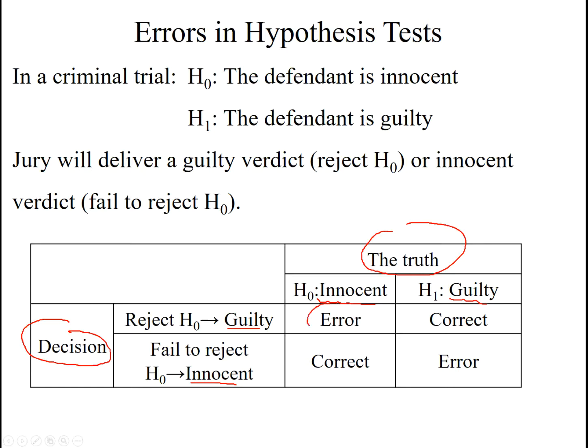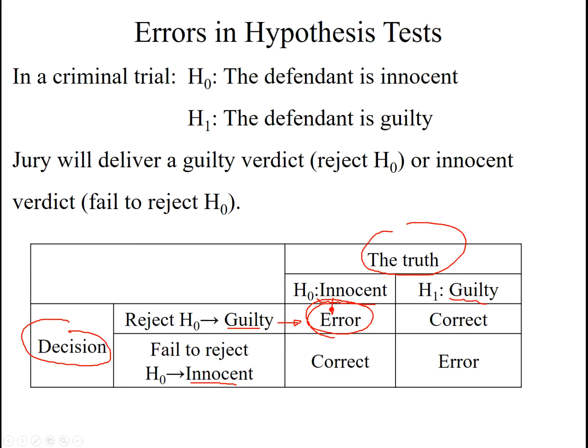Now, if this case happens, in other words, the defendant is innocent, but the jury delivers a guilty verdict, this actually is an error, right? This error is pretty serious. We try to avoid that. This is the so-called type 1 error.